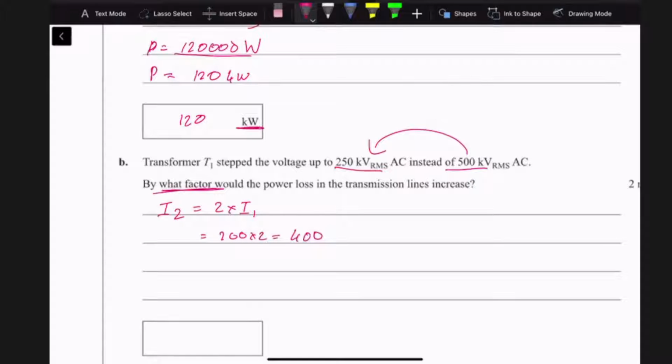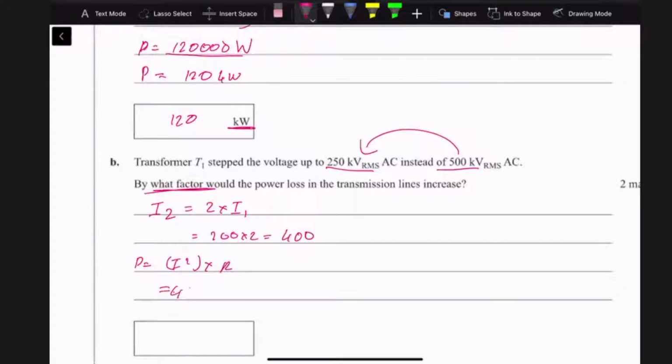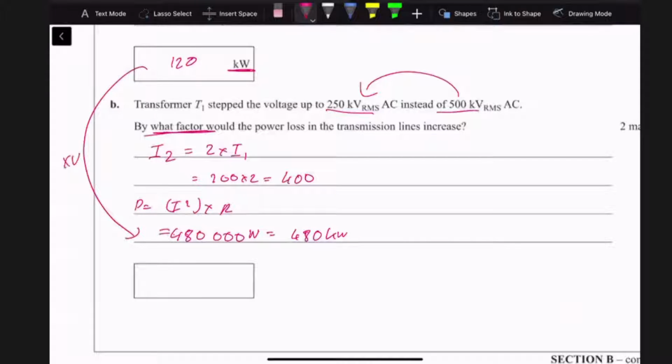And then we can just calculate power loss again. So I squared times R, which is 4800, 48 with 4 zeros, and you can just compare these two values. So 120 kilowatts to 480 kilowatts, and you can easily see it's been multiplied by 4, so it increases by a factor of 4.